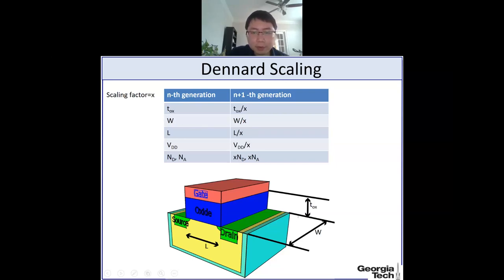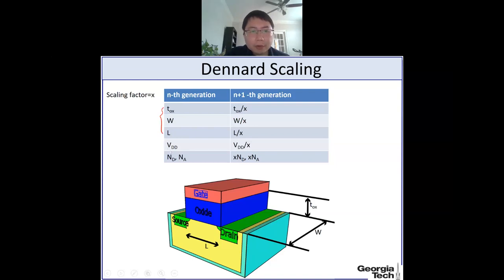W is the width of the transistor. L is the gate length from the source to the drain. So basically 3 dimensions of the structure in the transistor. Those are key dimensions. And we are going to assume those key dimensions scale by this factor x from generation to generation. So all of those become divided by x.